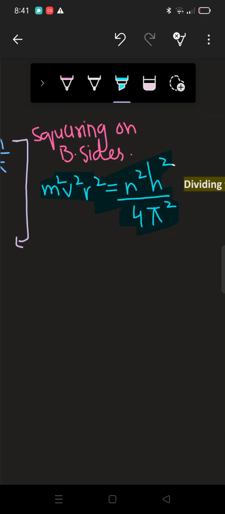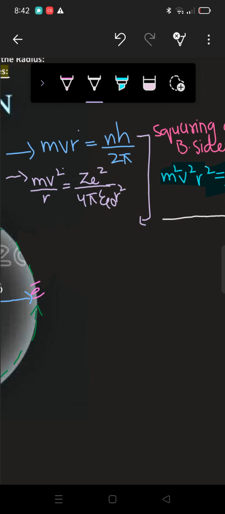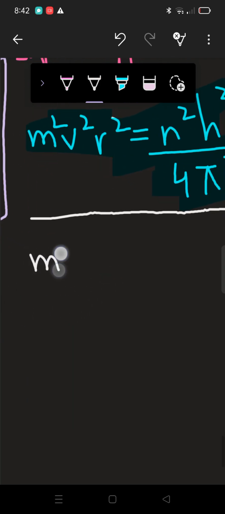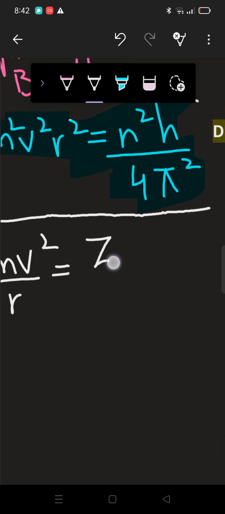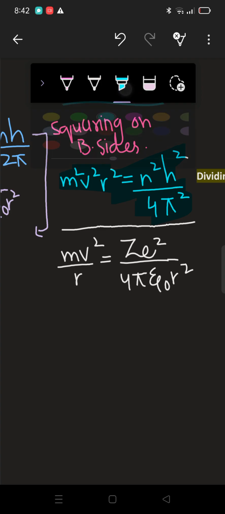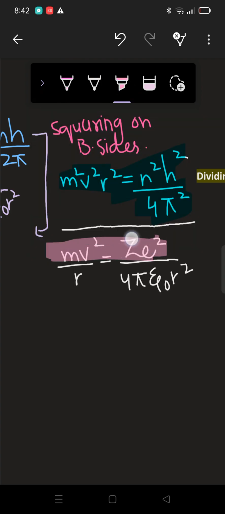Now we are going to divide this whole equation by the second equation, which is mv square by r is equal to Ze square upon 4 pi epsilon naught r square, right?